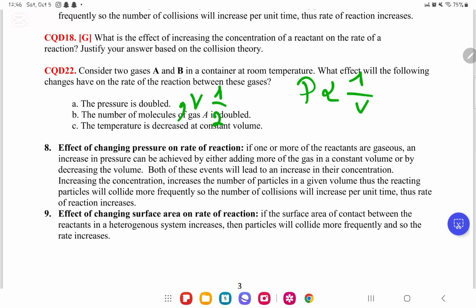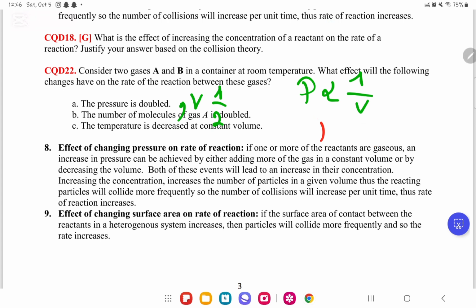So the pressure we multiplied by 2, the volume we divided by 2. We said if the pressure increases and the volume decreases, then the particles are closer together, so it's more effective.